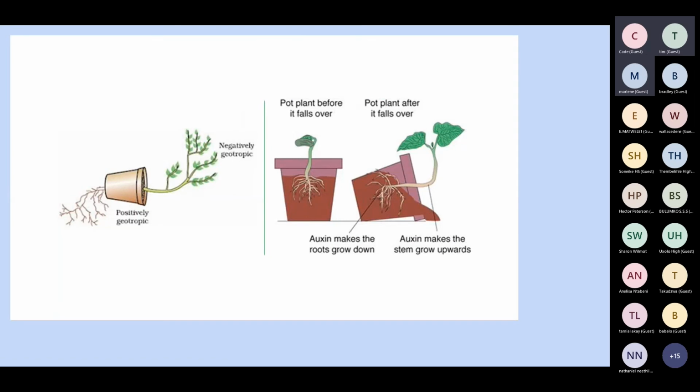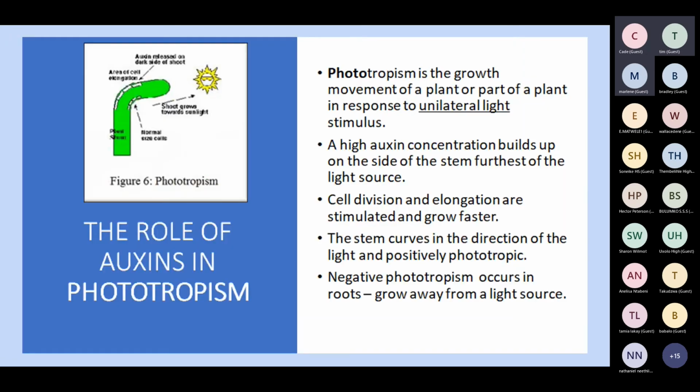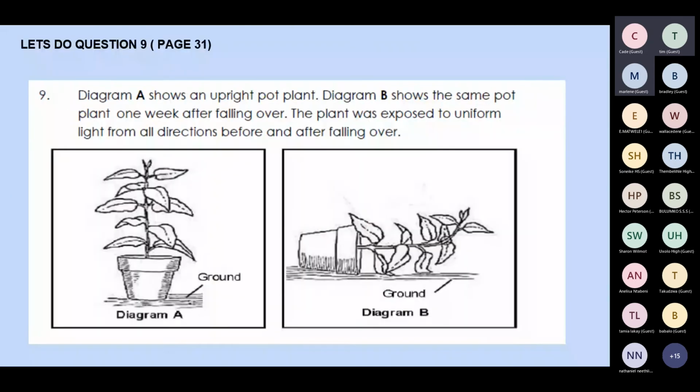Take note of the diagram, what is meant by unilateral light, plant defense mechanisms, and again I'll repeat, uniform light and unilateral light. Take note of the differences. We dealt with a question and I left you with some anecdotes.